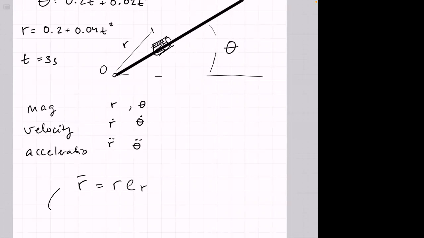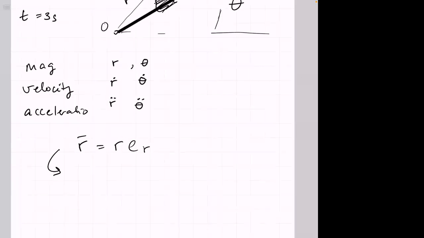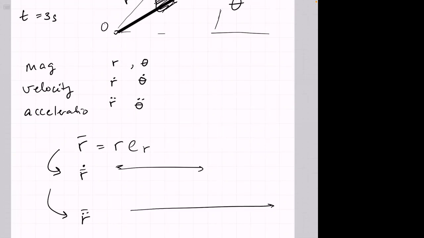As you go through and you get r dot and r double dot, the product rule expands much more.